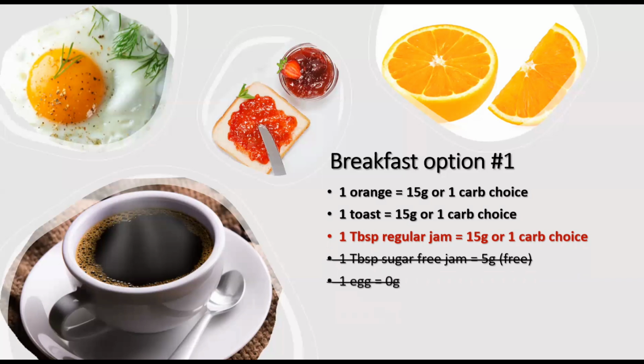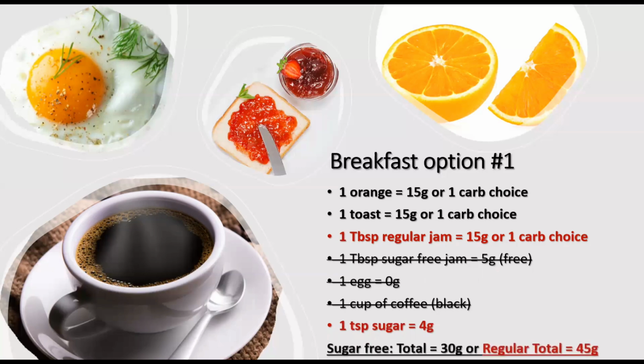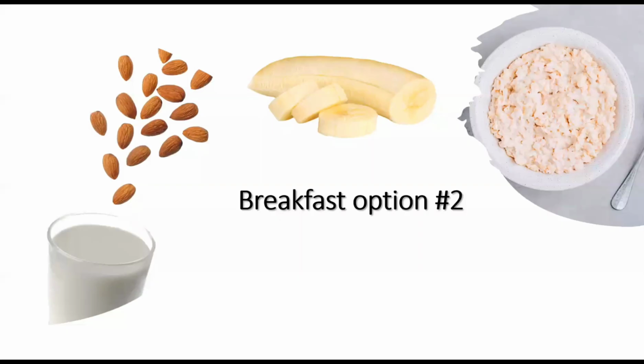The egg is free because it is not a carbohydrate. If you drink your coffee black or you add sugar-free sweetener, this is going to be free. If you add sugar, each teaspoon of sugar adds another 4 grams of carbohydrate. This meal adds up to 30 grams of carbohydrates or 2 carb choices for the sugar-free jam version, or 45 grams of carbohydrates, which is 3 carb choices if you decide to go with the regular jam version.